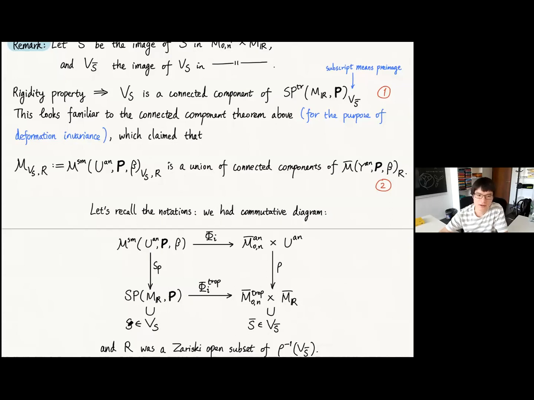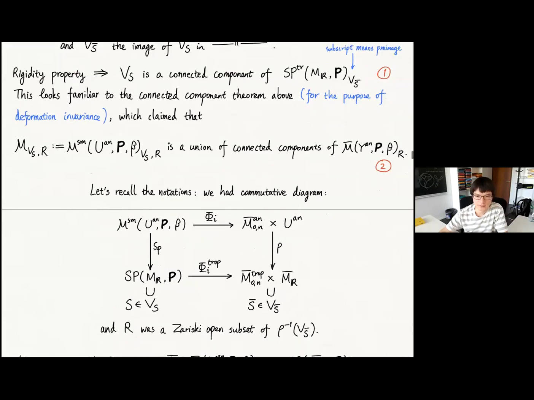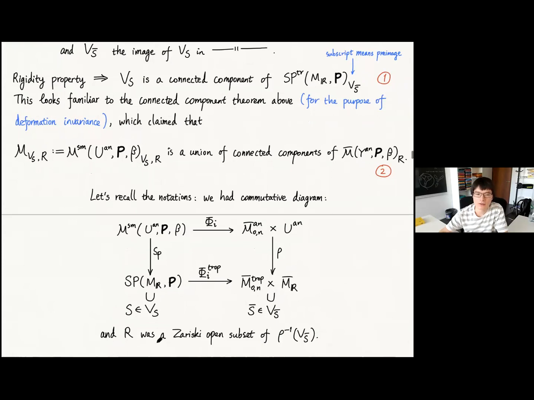And we have a transverse spine S inside the space of spines and the neighborhood Vs of the transverse spine. We denote by S bar the image of S and Vs bar the image of Vs. And R was a Zariski open subset of this pushforward pullback.